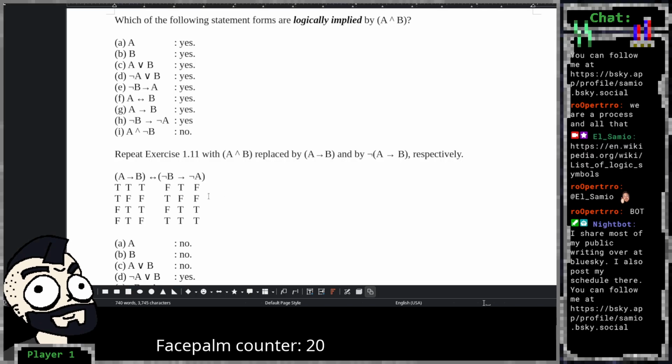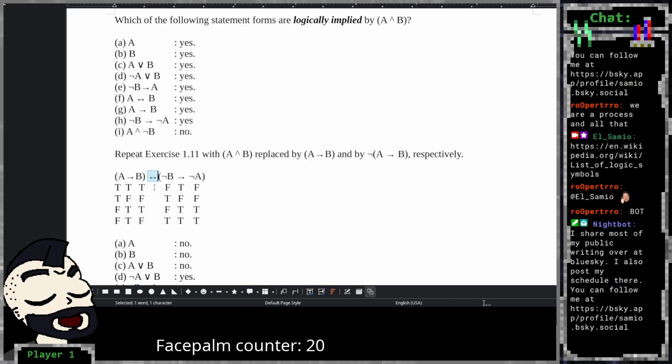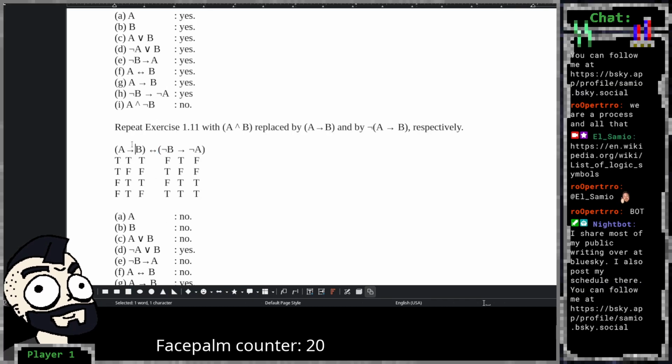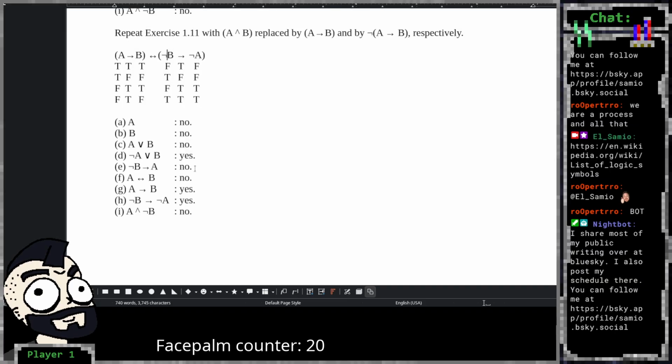And as we can see, it is the same output as A implies B. True, false, true, true, which means this conditional is always going to be true, which means these two formulas are equivalent, and we can present one in the form of the other.